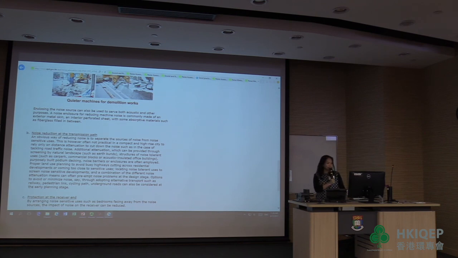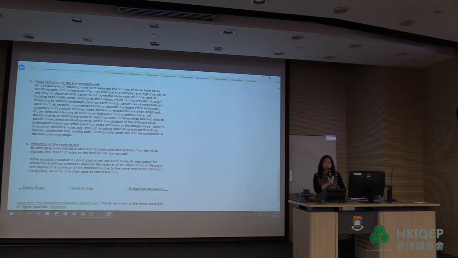This is the second approach. And then the protection of the receiver end, which is now becoming more common because we're using more acoustic balconies or acoustic windows at the receiver as mitigation measures for traffic noise. But also the design of the receiver, like the orientation of the receiver away from the noise source, is another kind of protection at the receiver end.